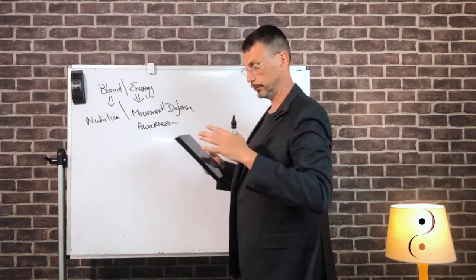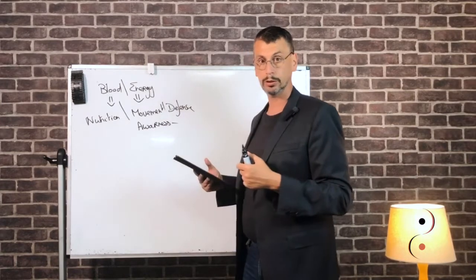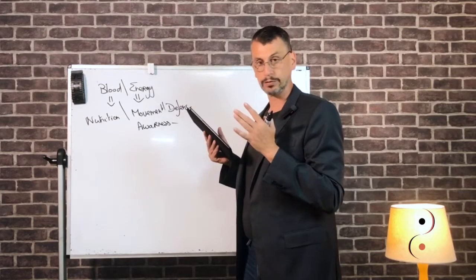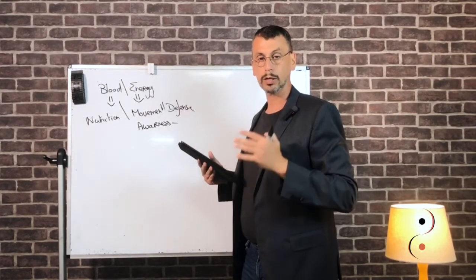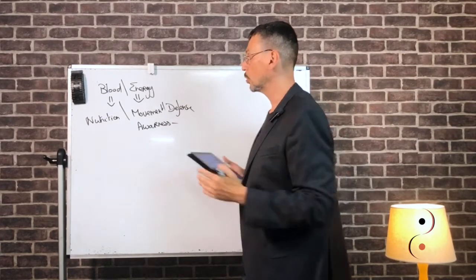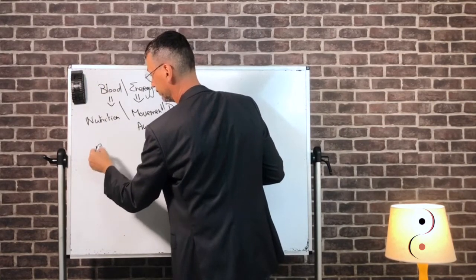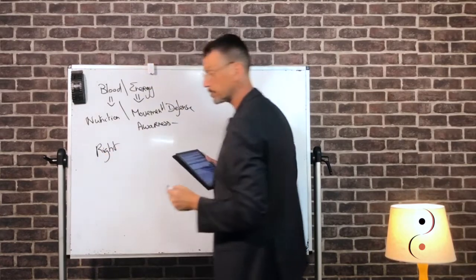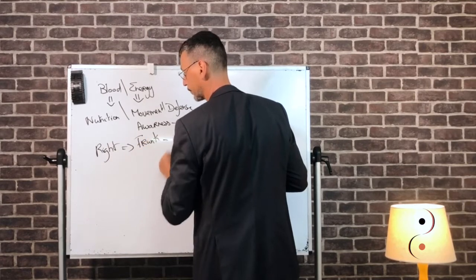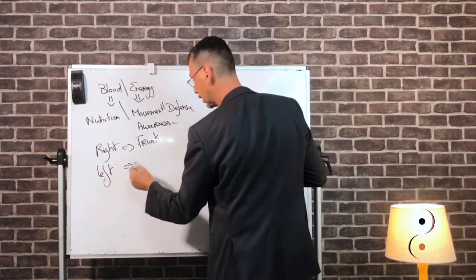Well, here, if we take the general body, we can divide the body in two parts, the trunk and the limbs. The trunk corresponds to the inner part of the body. It's at the center of the body, while the limbs and the head are on the outer part of the body. So I would say that the right pulse will give you information about the trunk, and the left pulse will give you information about the limbs.